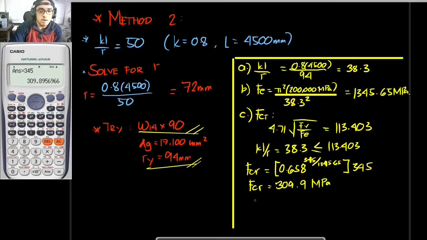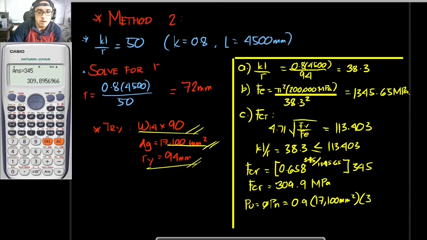For us to get the value of Pu, let's go straight to it. In LRFD, Pu is equal to phi Pn, where phi is 0.9, and Pn is AG times Fcr. Our AG is 17,100 millimeters squared, and Fcr is 309.9 megapascals.